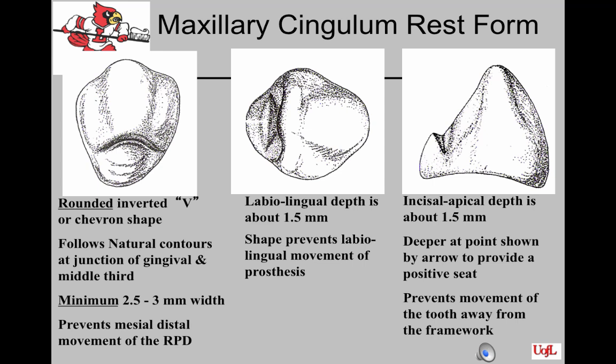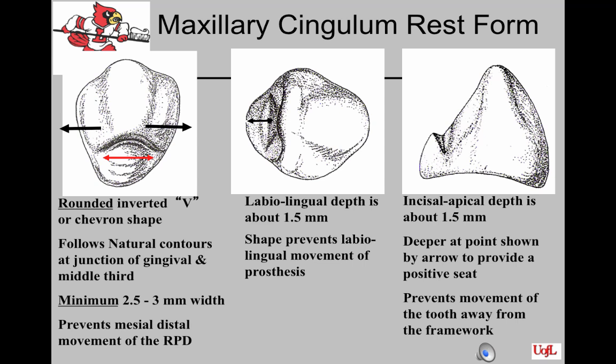It's a minimum of 2.5 to 3 millimeters in width, and this V, or chevron, prevents mesiodistal movement of the RPD. The labiolingual depth is about 1.5 to 2 millimeters, if you look at the illustration above. The shape prevents labial lingual movement of the prosthesis.